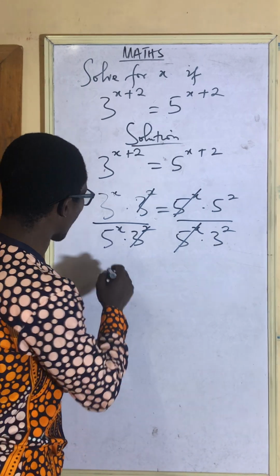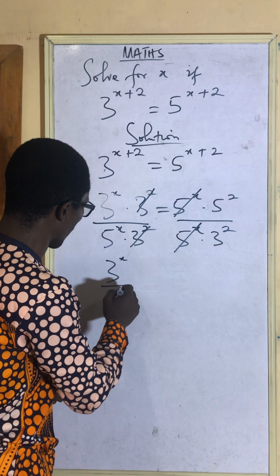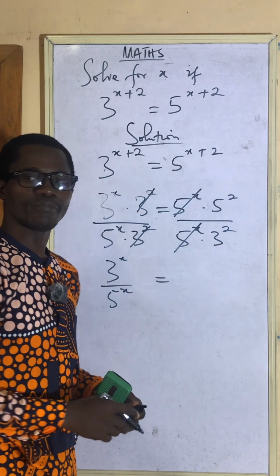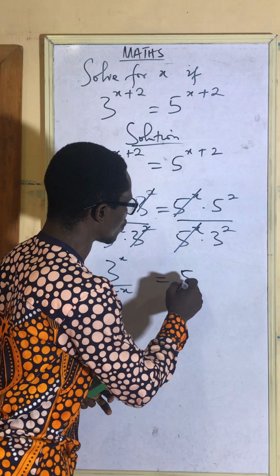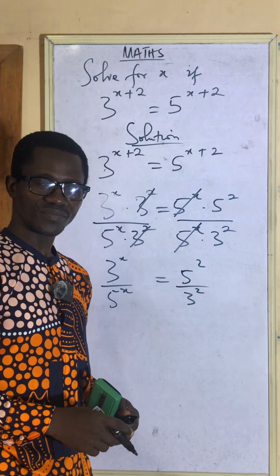And then we're going to be having 3 raised to power x over 5 raised to power x being equal to 5 raised to power 2 over 3 raised to power 2.